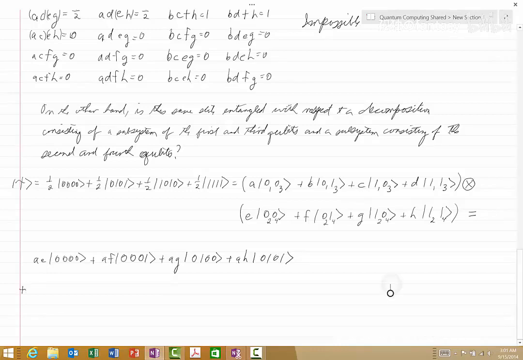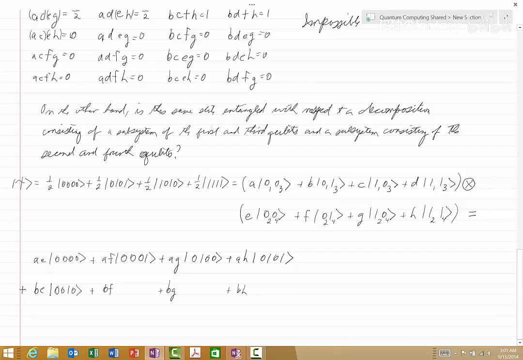Now, continuing, the next one will be BE, and then BF, BG, BH. For BE we have 0010.